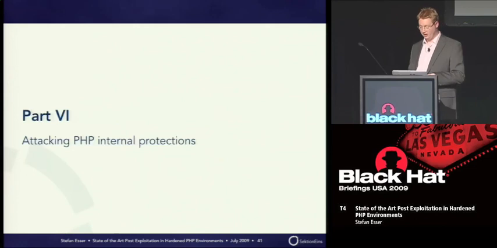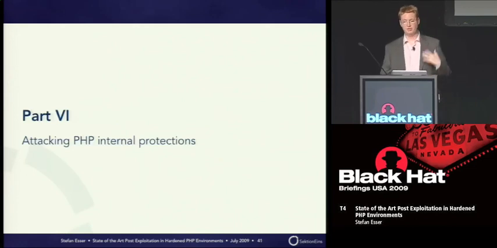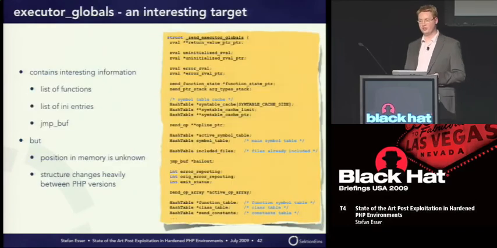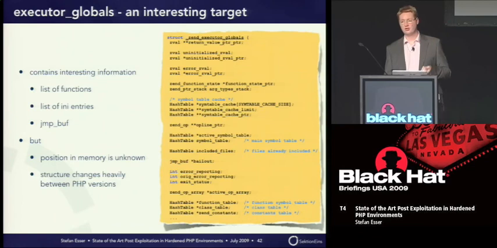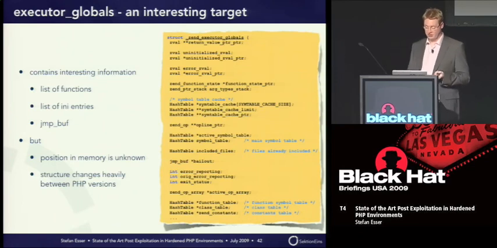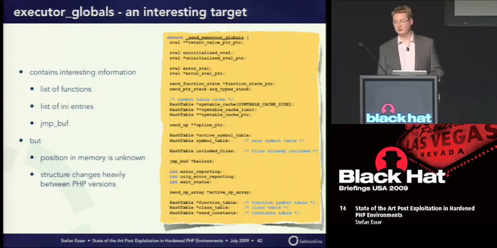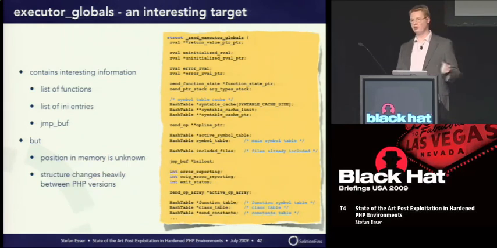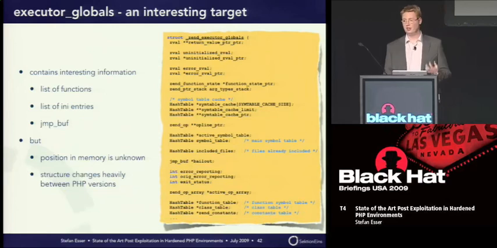So the next thing is, how can we use this to attack internal PHP protections? When you look into PHP, there's one very interesting target, which is called the executor globals. The executor globals are very interesting because they contain, for example, a list of functions, and I told you we want to reactivate functions, so a list of functions is very good. And there's also a list of ini entries.